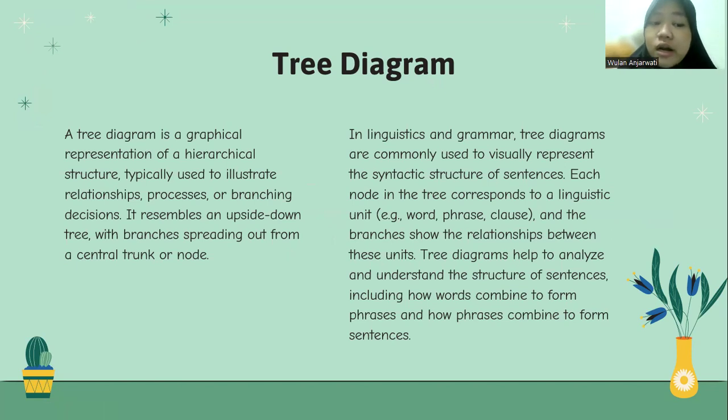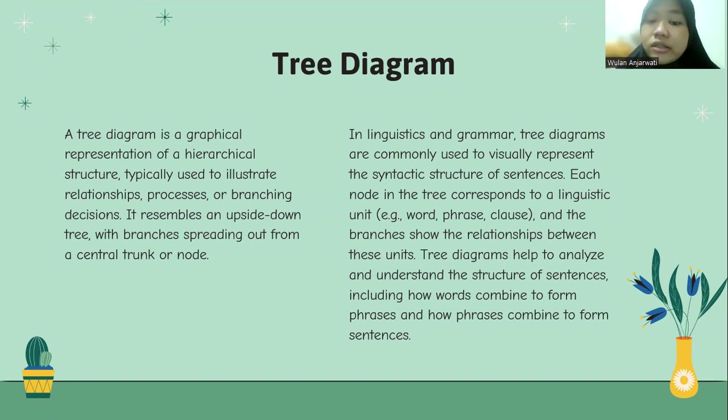So a tree diagram is a graphical representation of a hierarchical structure, typically used to illustrate relationships, processes, or branching decisions. It resembles an upside-down tree with branches spreading out from a central trunk or node. And in linguistics and grammar, tree diagrams are commonly used to visually represent the syntactic structure of a sentence.